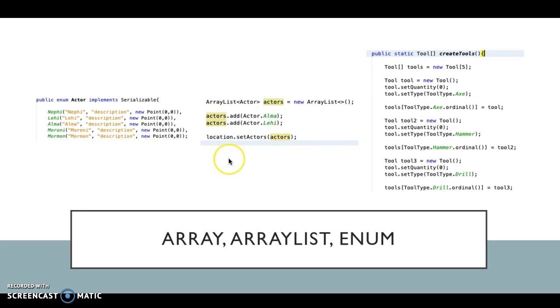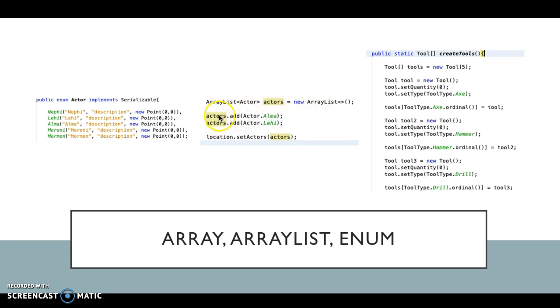And right here I have an example of an array list. It's interesting because here I'm also using two types of lists. First, I create an array list of the type actor, and this variable is called actors, and I initiate it as a new array list.